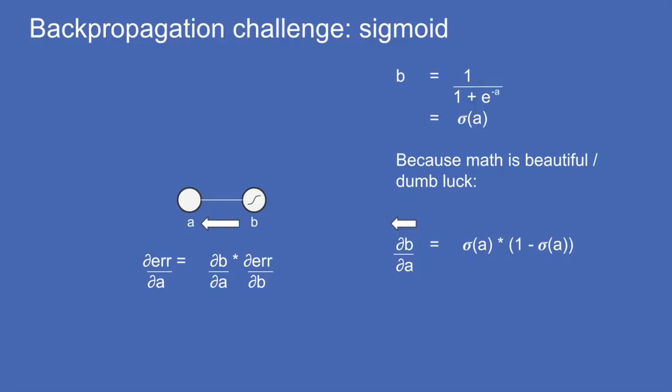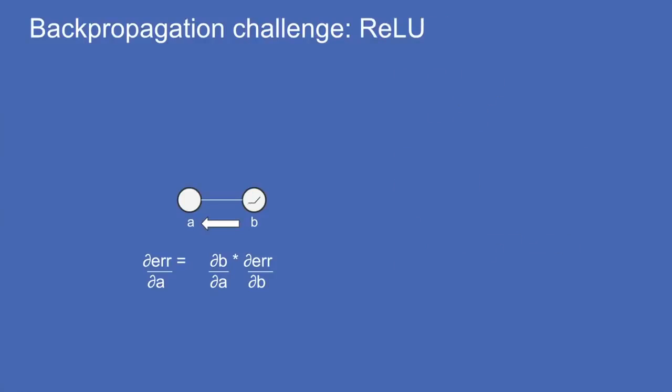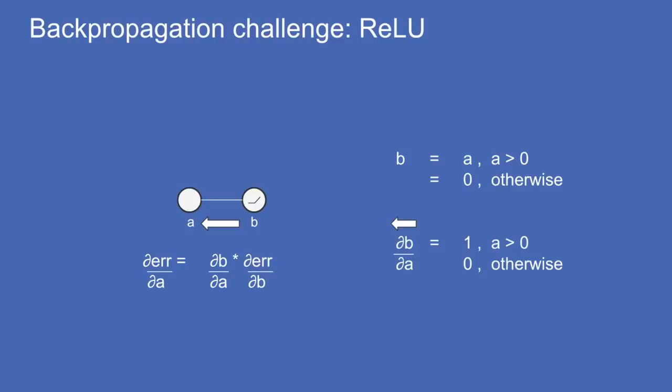So this is very straightforward to calculate. Another element that we've used is the rectified linear unit. Again, to figure out how to backpropagate this, we just write out the relation. B is equal to A if A is positive, otherwise it's 0. And piecewise, for each of those, we take the derivative. So dB/dA is either 1 if A is positive, or 0.